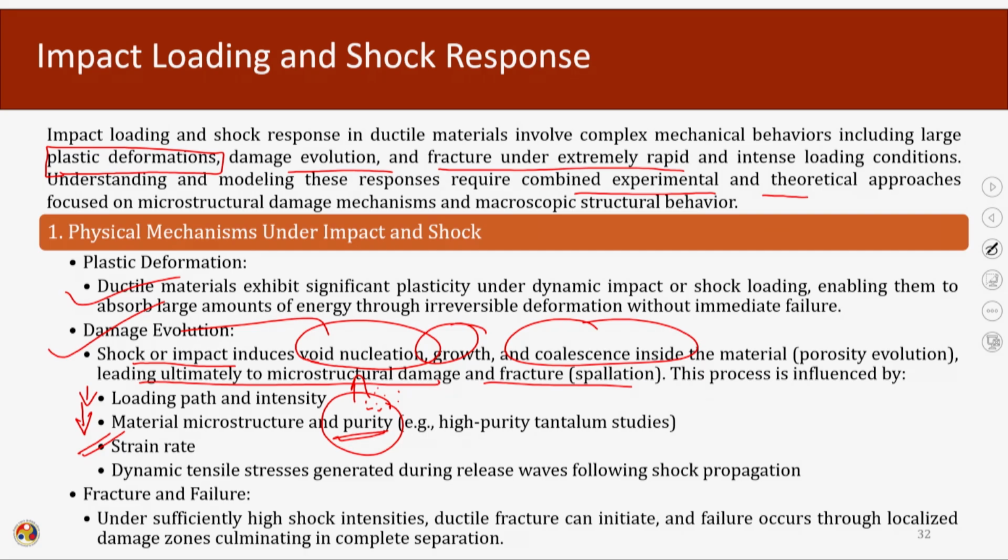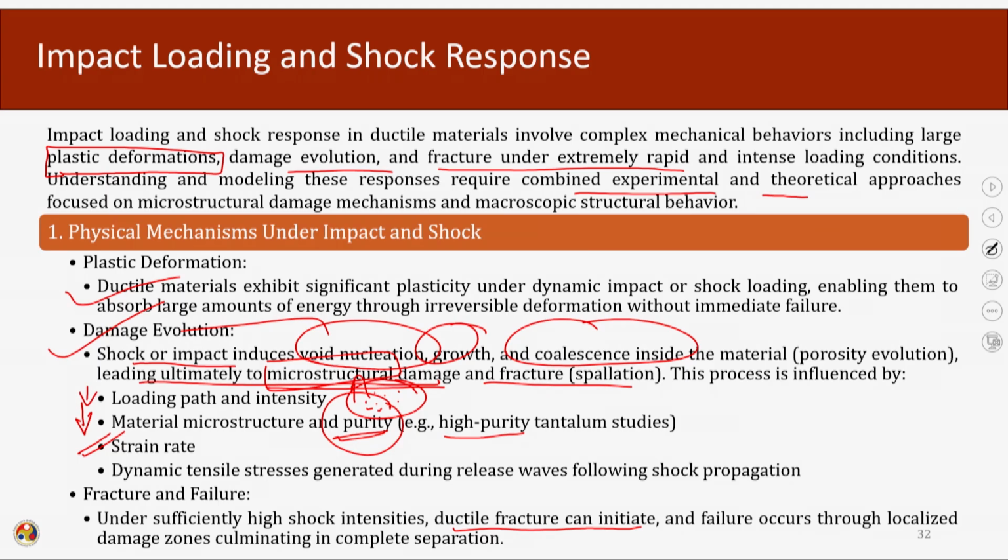So, the behavior under fracture and failure. Under sufficiently high shock intensities, dynamic fracture can initiate, but it will depend again upon the purity, upon the microstructural configuration, the amount of grain size and other factors.